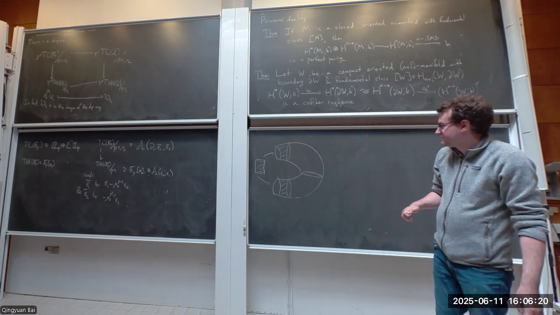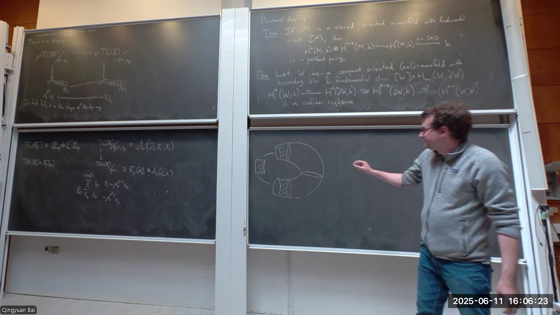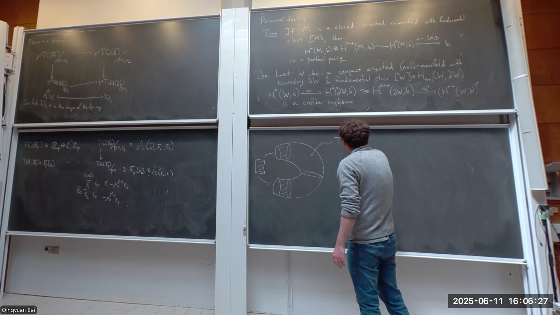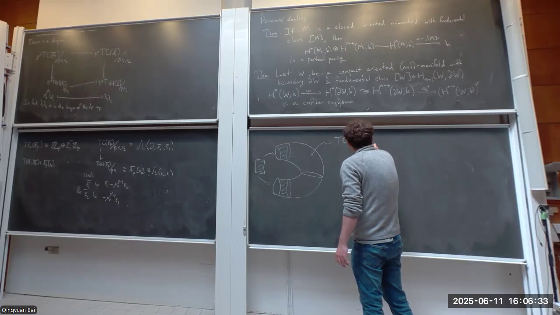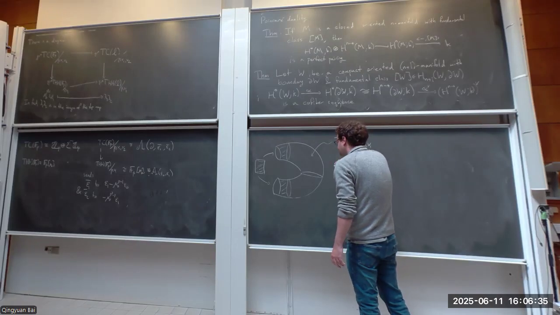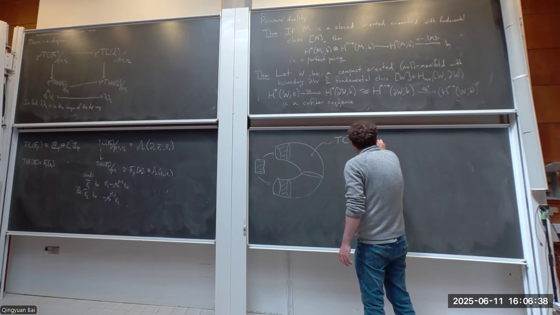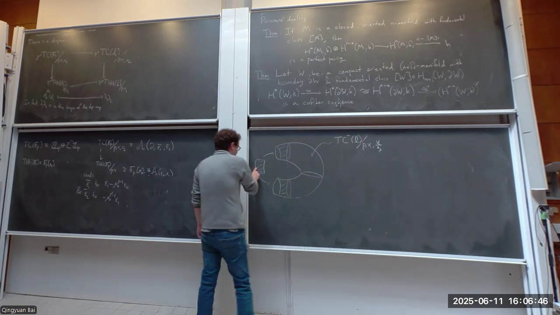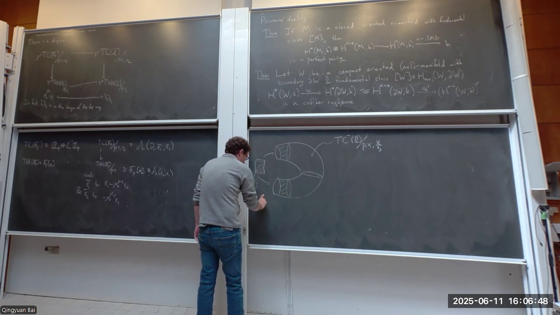And I want to attach names to all of these things. So here I'm going to write T sub minus, E1, E2 divided by A1. So then I'm going to write E.